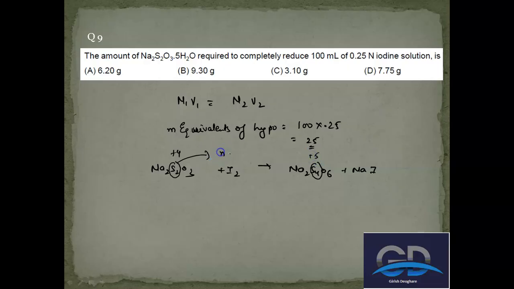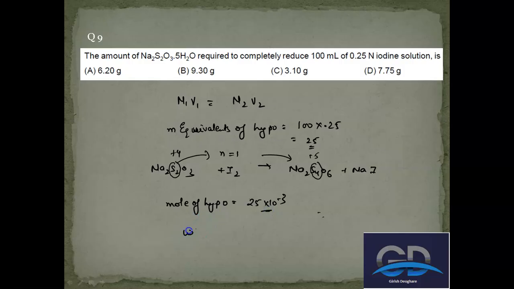So N factor for this would be equal to 1. Therefore we can say moles of hypo required would be number of equivalents divided by 1. So that will also be equal to 25 millimoles, that is 25 into 10 raised to power minus 3.